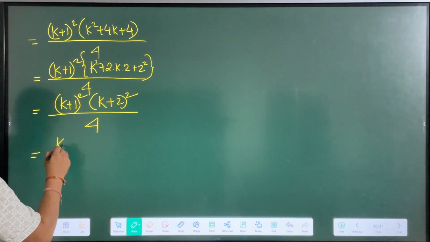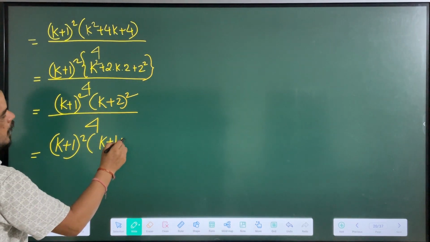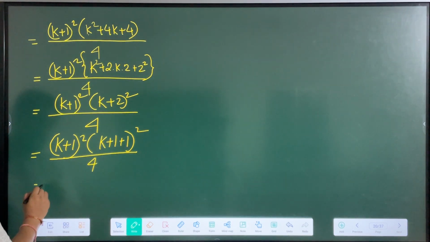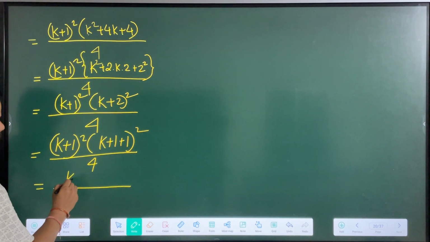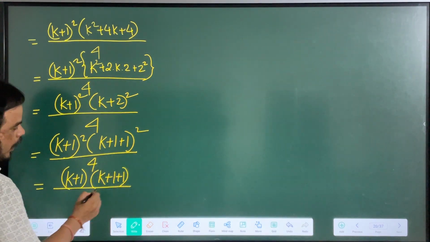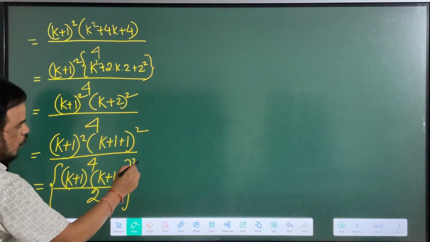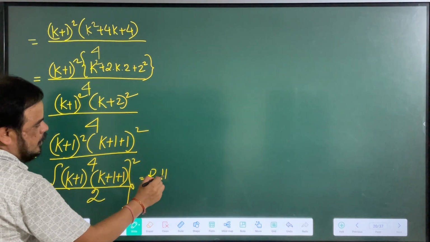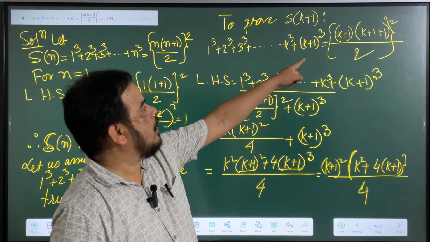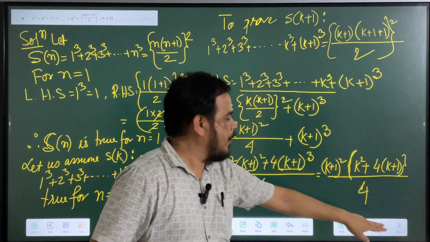Now we can write (k plus 1) whole square times, to make it similar to the right hand side, (k plus 2 by 2) whole square, so that we get it as it is as the right hand side. Right hand side, (k plus 1) times (k plus 2 by 2) whole square.